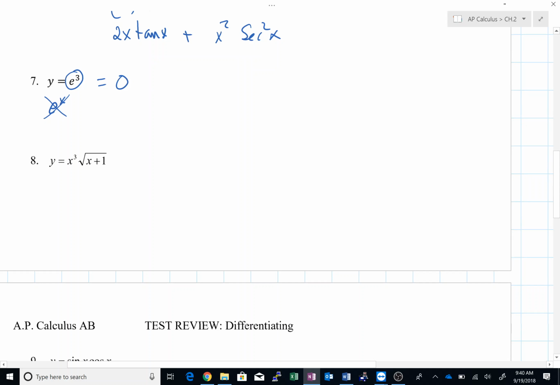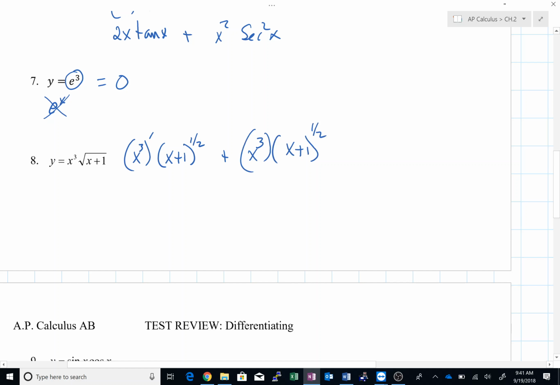All right, we got simple product rule here. Now, it'd be nice if it was just an x underneath the radical. Then I can just combine and do a normal power rule. But I can't. All right, and so I'm going to do derivative of the first, and I'm going to rewrite this like that, plus the derivative of the second.